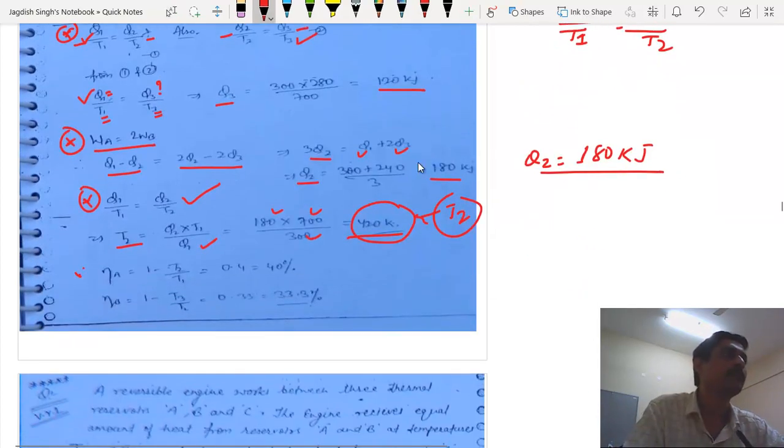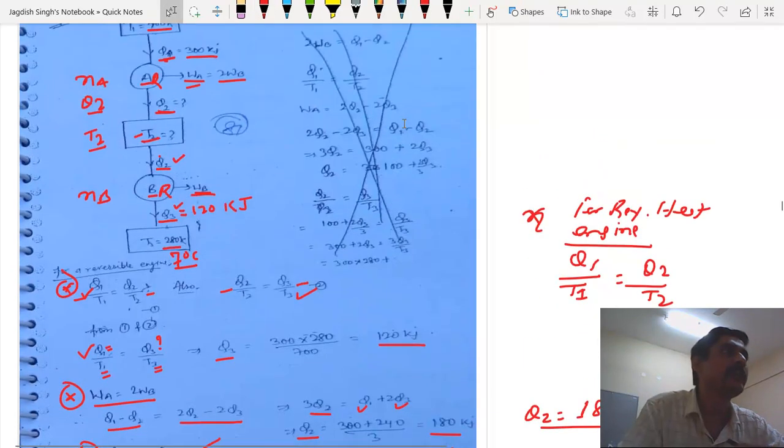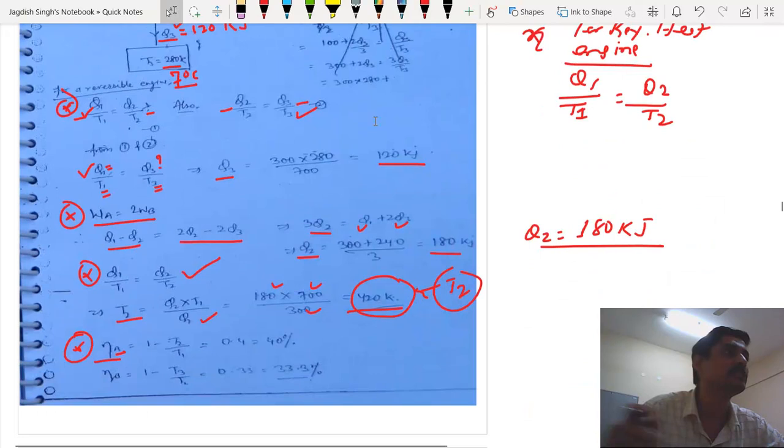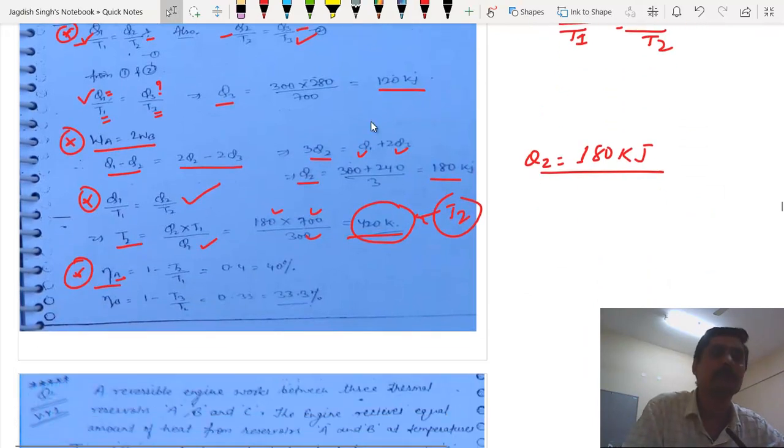And for the efficiency of engine A, we know that engine A is a reversible heat engine, working between T1 and T2, so the efficiency is equal to 1 minus T2 by T1. All temperatures have been given.